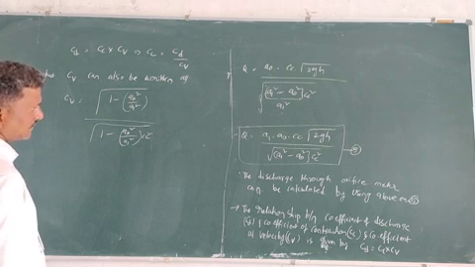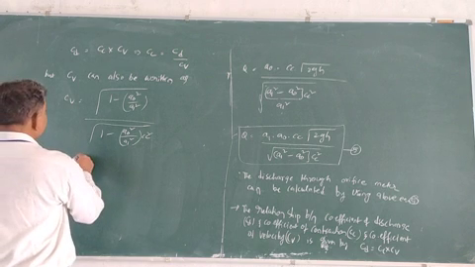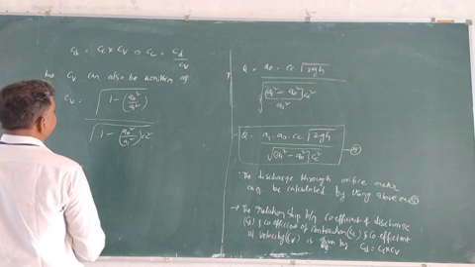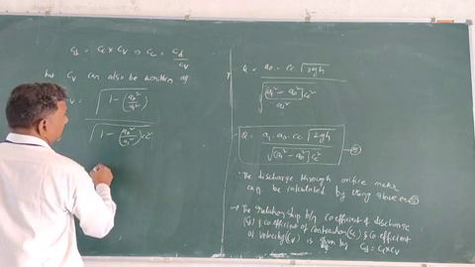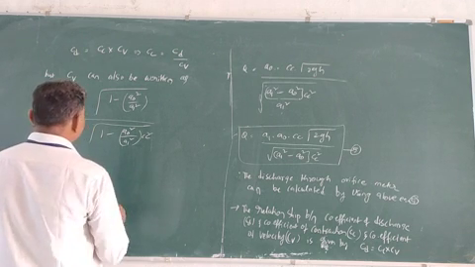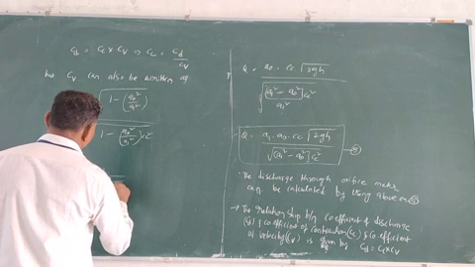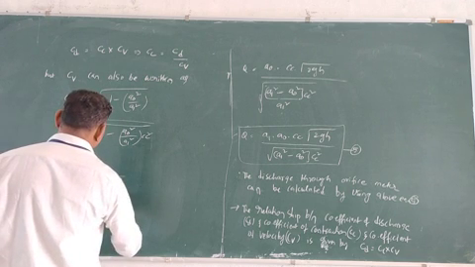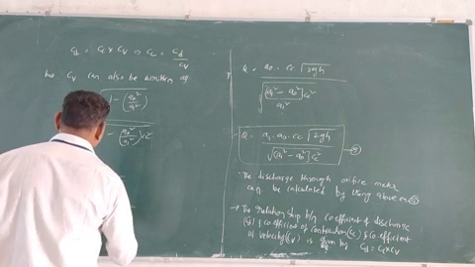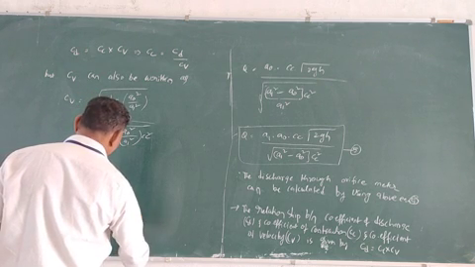Therefore, CC is equal to CD divided by square root of 1 minus A naught square by A1 square, divided by square root of 1 minus A naught square by A1 square into CC square.